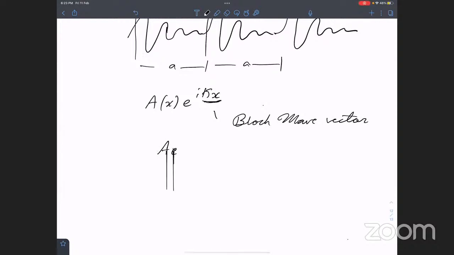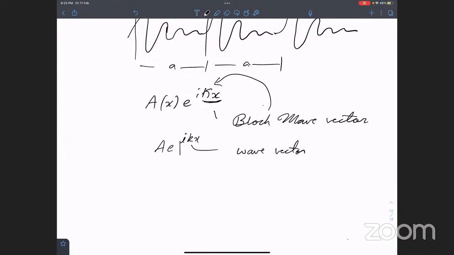For a simple plane wave, e to the power jkx, what is k called? It is called the wave vector, right? So in a similar way, for a Bloch wave, this K is called the Bloch wave vector.